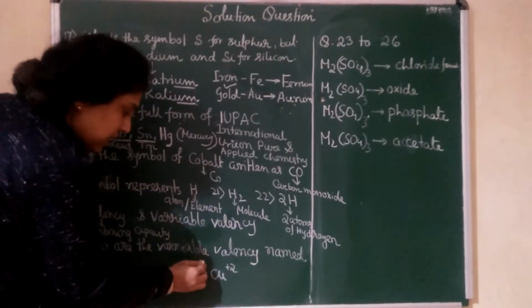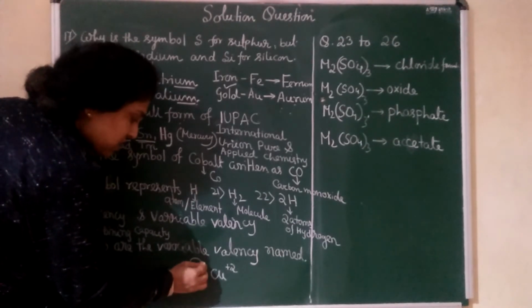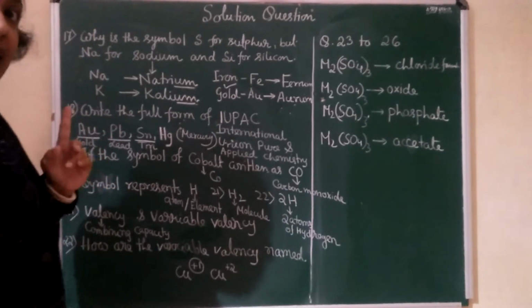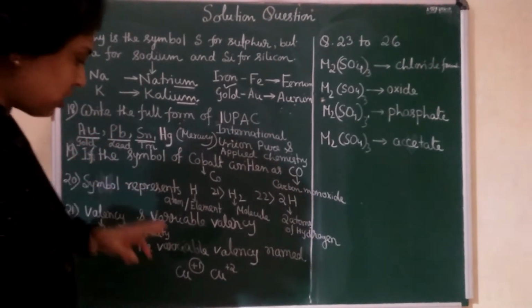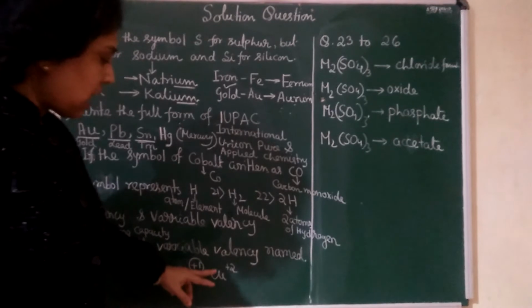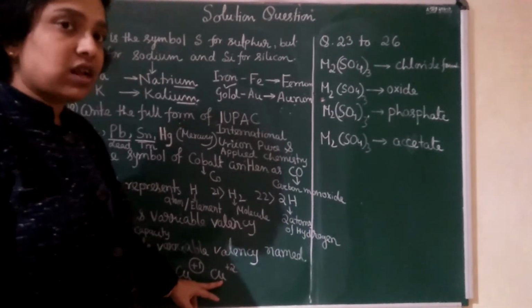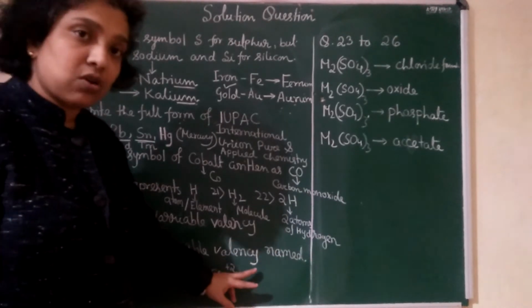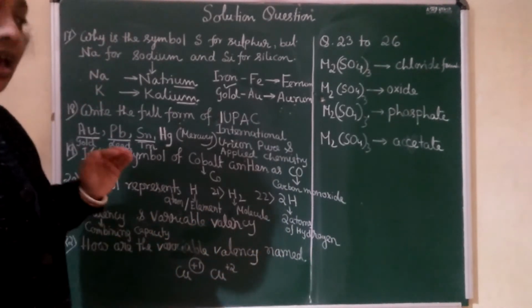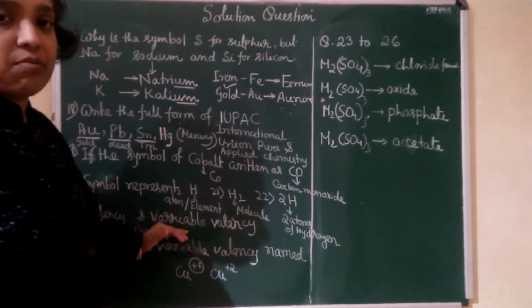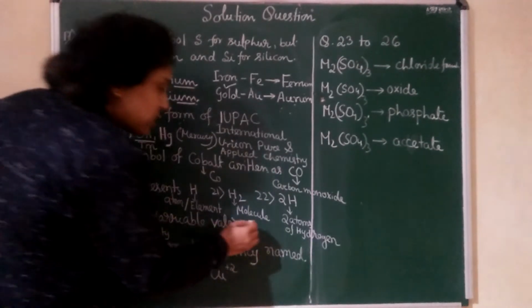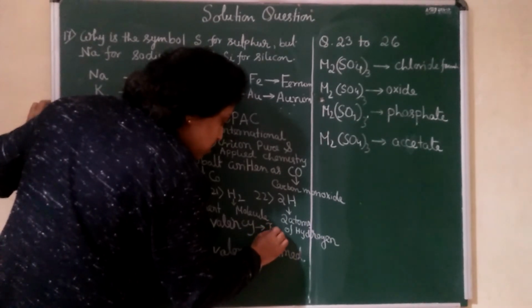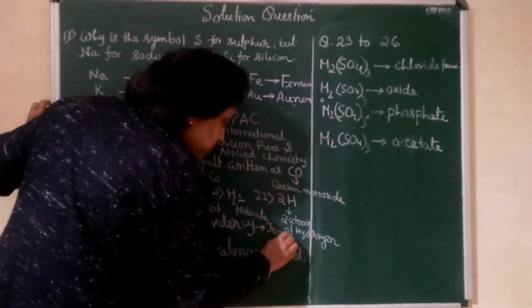The electrons in the last shell: if the element loses 1 electron, then it is plus 1. And if it loses 2 electrons, then the valency is 2. All elements do not show variable valency. It depends on the transition of electrons.